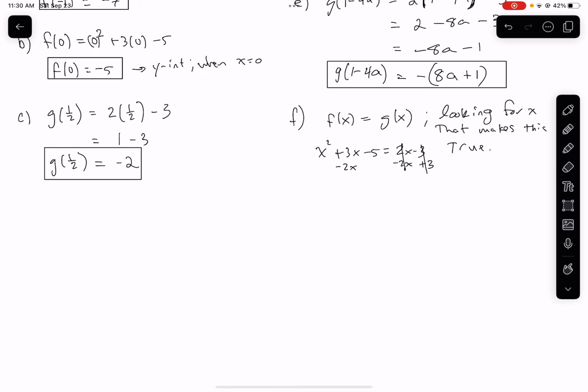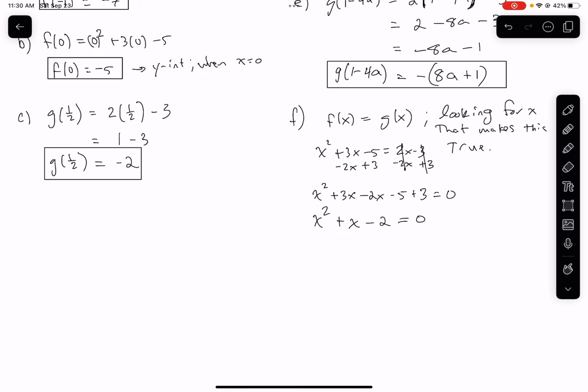Then I'll rewrite the line with the like terms next to one another, and we end up with a 0 on the right side. Now I can collect the like terms: x squared plus x minus 2 is going to equal 0.